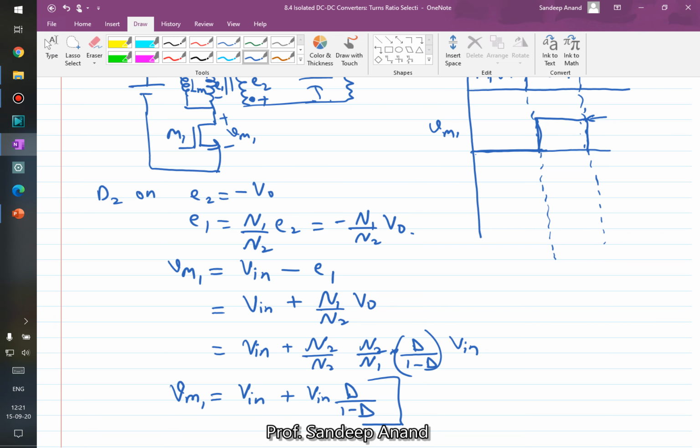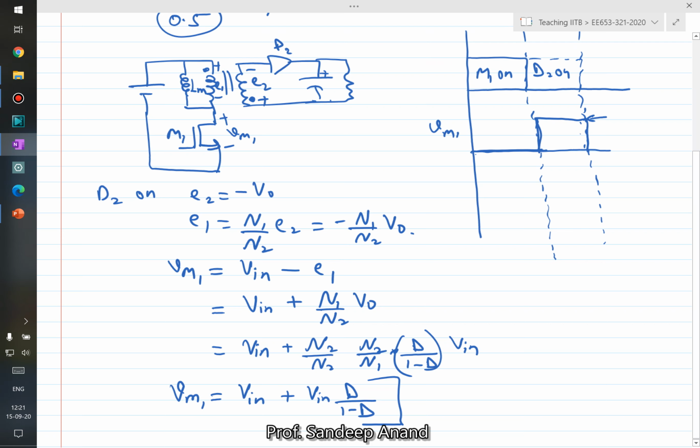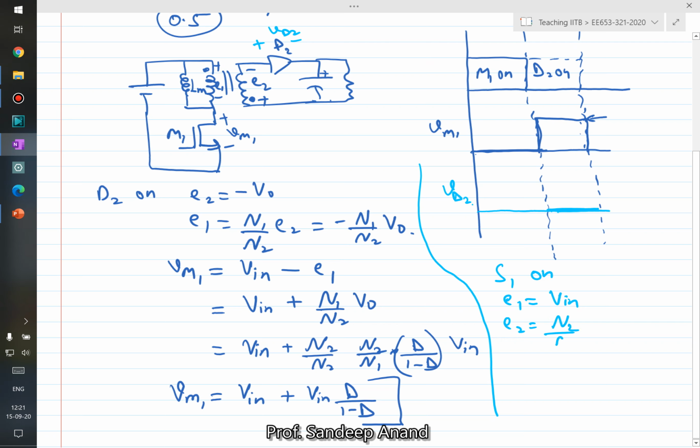Same thing. For diode D2, if I say this is VD2, when the diode is on, it is almost 0. When the diode is off, that means M1 is on. In that case, E1 is given by Vin, and E2 is given by N2 by N1 times E1, which is Vin. For the voltage across the diode, I can write KVL in the secondary loop.